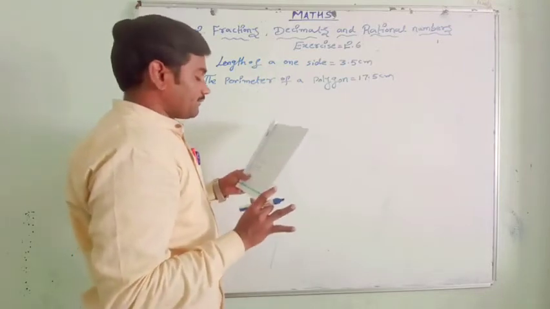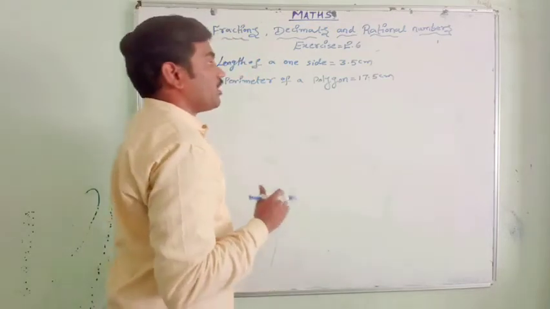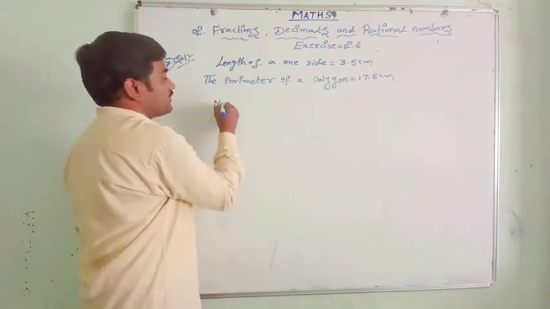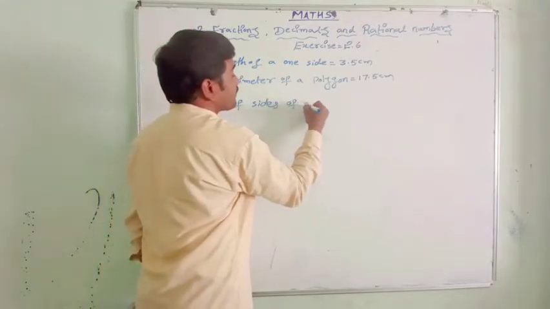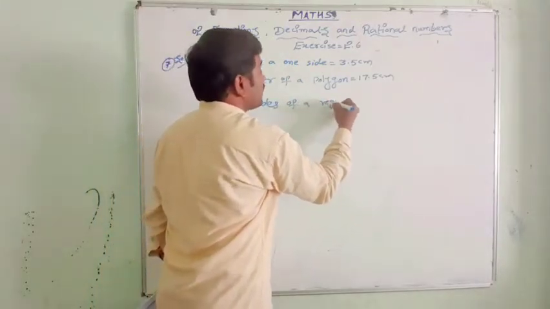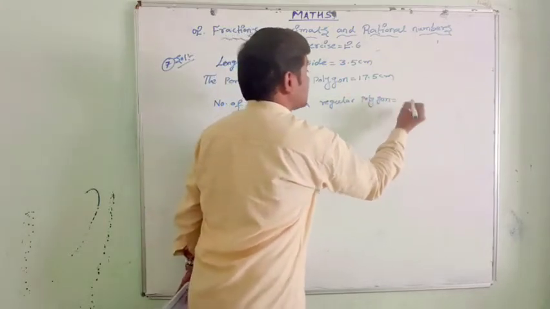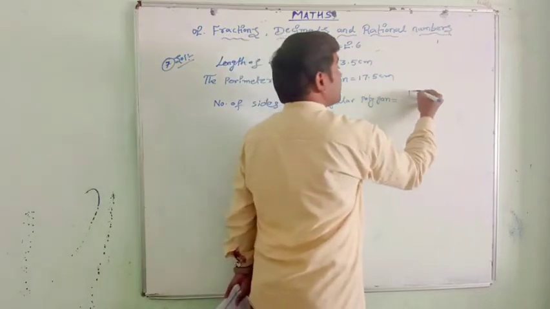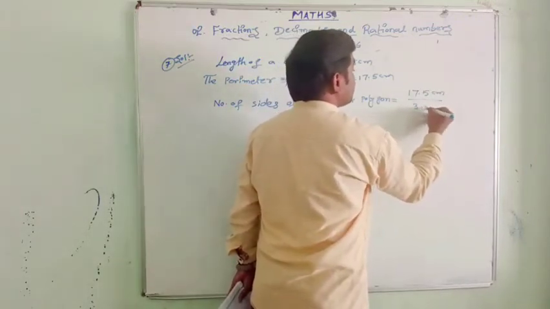So we have to find how many sides the polygon has. The number of sides of the regular polygon. Here he mentioned a regular polygon, which means all the sides are equal. The complete perimeter is 17.5 centimeter, and we have to divide it by 3.5 centimeter.